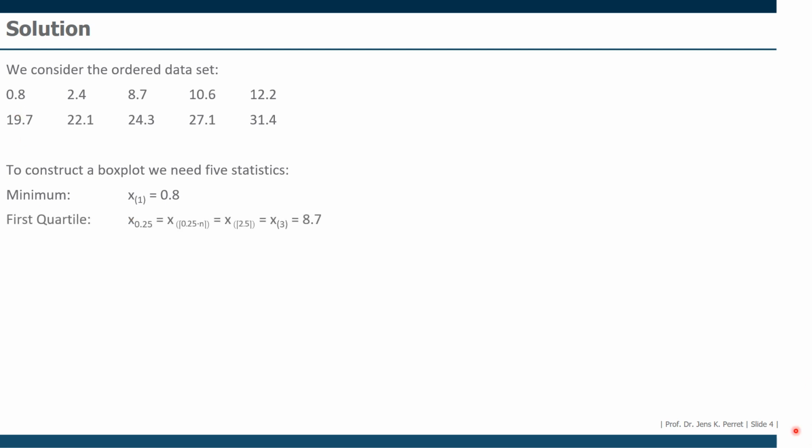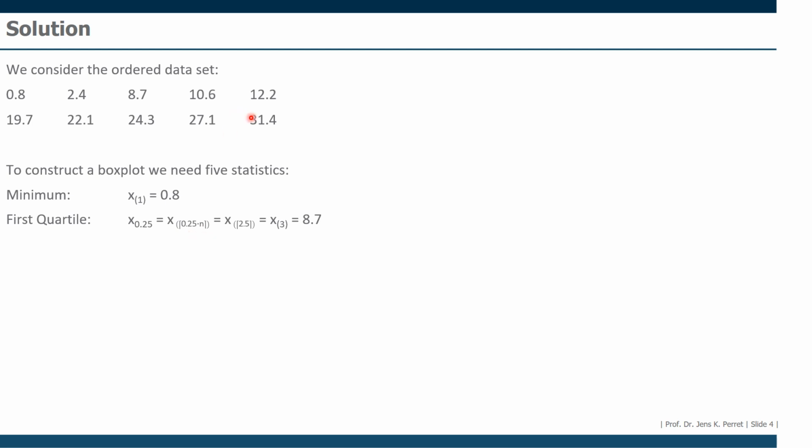Then I'm going to get the first quartile. The first quartile would be the lower bound of my box. Here it's also the 25% percentile, which I get by first multiplying the 25%, or 0.25, with the number of observations.